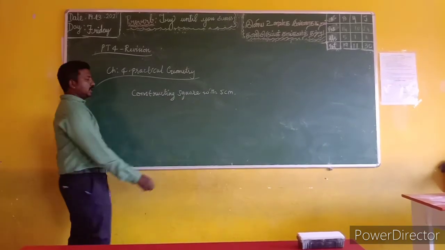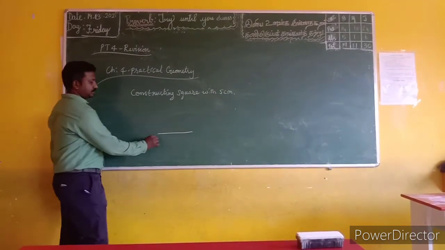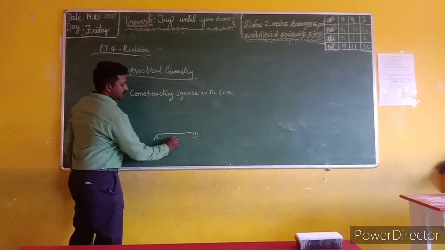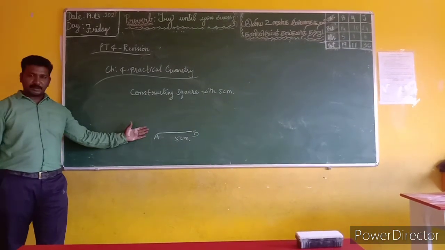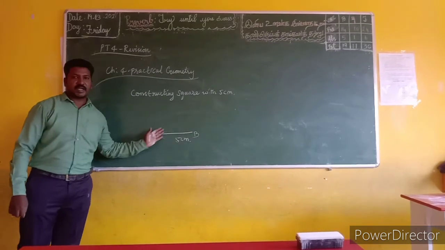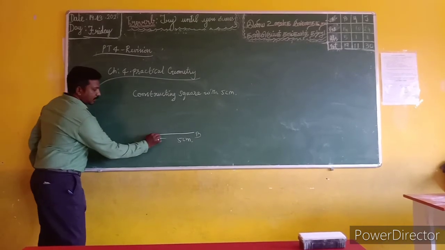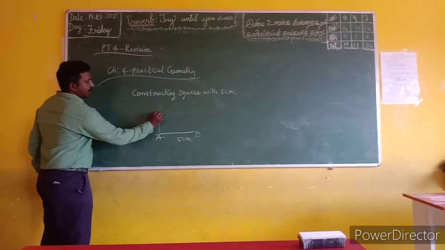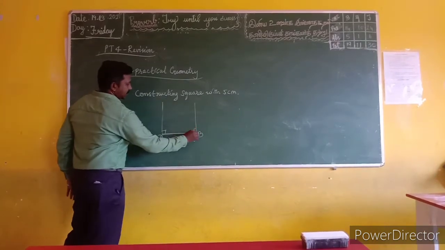You have to draw the line segment AB of 5 centimeter. Then we can use the protractor and extend the ray on each of the two sides. Using the protractor, you can extend the ray at exactly 90 degrees. Here also exactly 90 degrees.